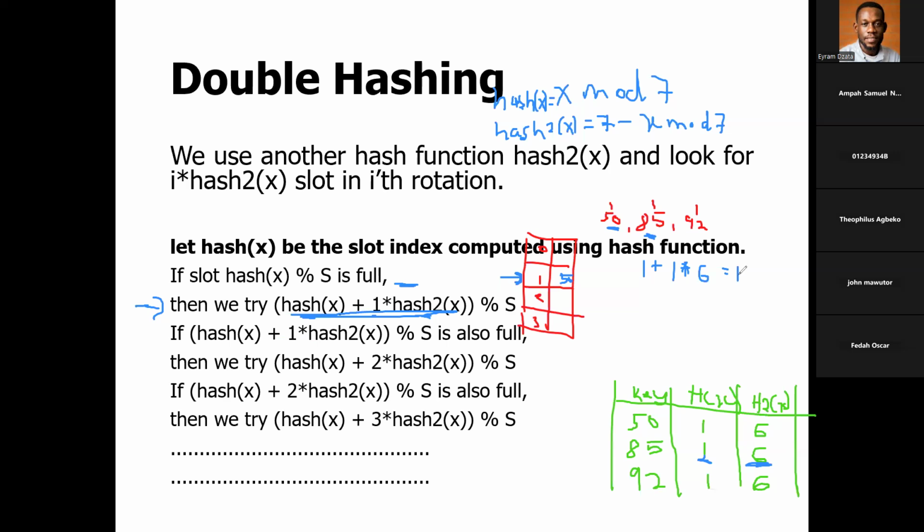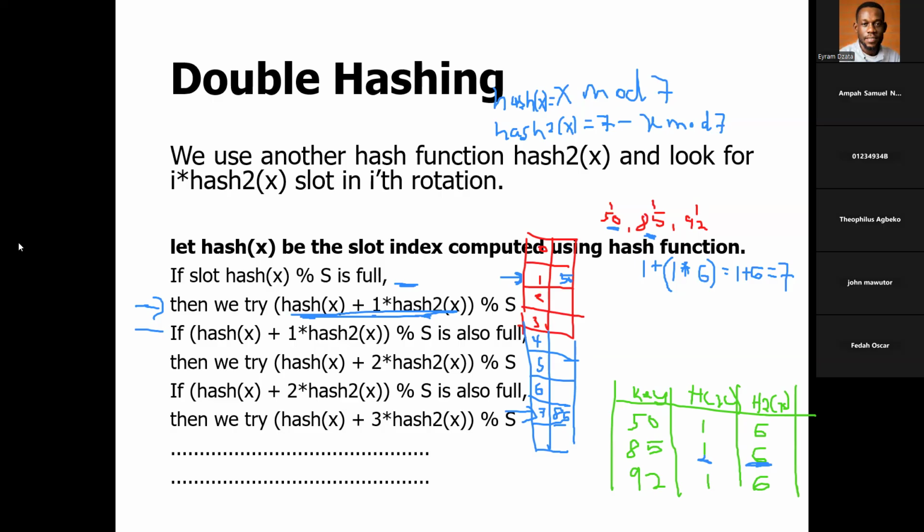So that is 1 plus 6, making 7. So our new position for 85 will be index 7. Are you following?